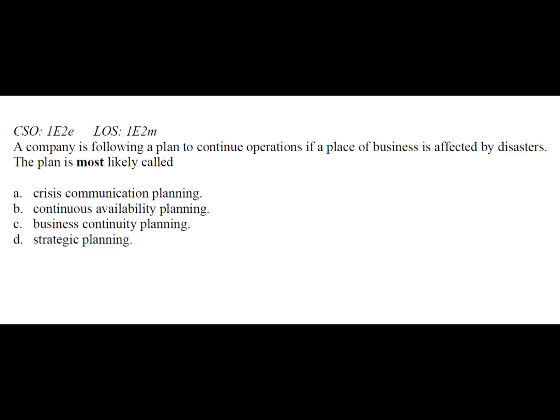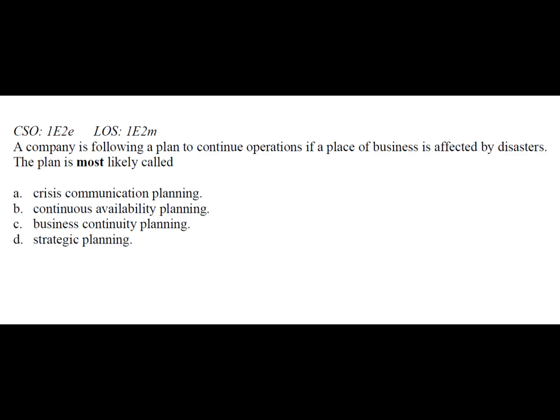Incorrect. This plan focuses on communicating with employees, customers, regulators, and the public during an emergency but does not encompass all operational recovery activities. B. Continuous availability planning. Incorrect. This primarily concerns maintaining uninterrupted access to information systems and technology services rather than the entire business. C. Business continuity planning.